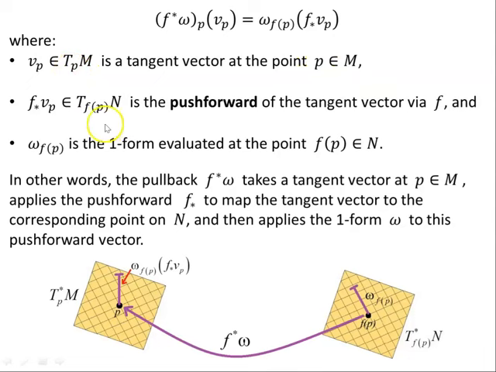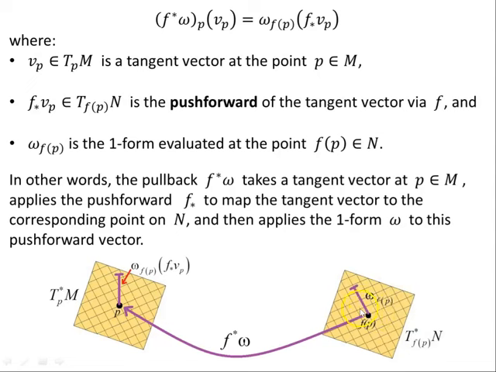Here v_p is an element of the tangent space of the manifold at p, a tangent vector where the point p belongs to M. f star v_p is an element of the tangent space to the manifold N at the point f of p, under the map f, the push forward of the tangent vector via f. And omega at f of p is the one form evaluated at the point f of p belonging to N. So down here we have our dual or cotangent space to the manifold N at the point f of p.